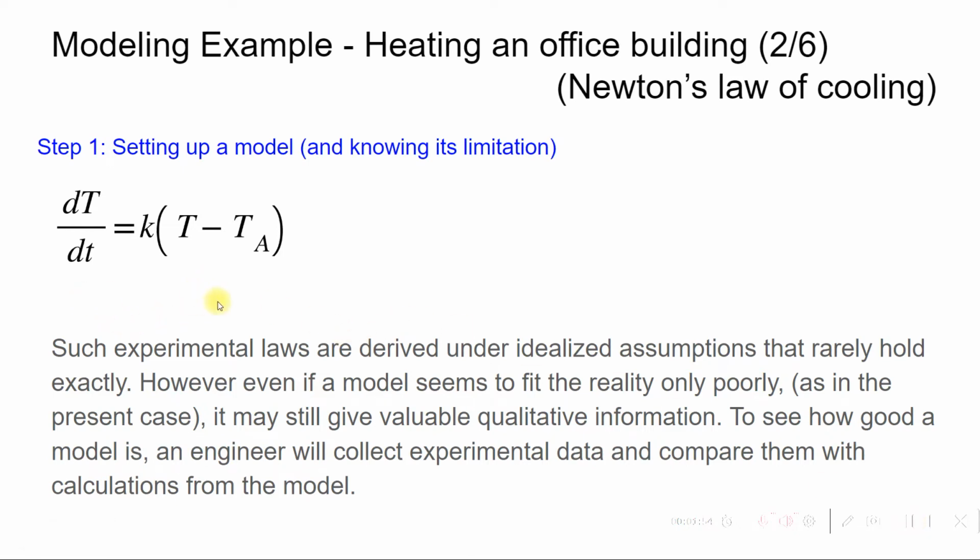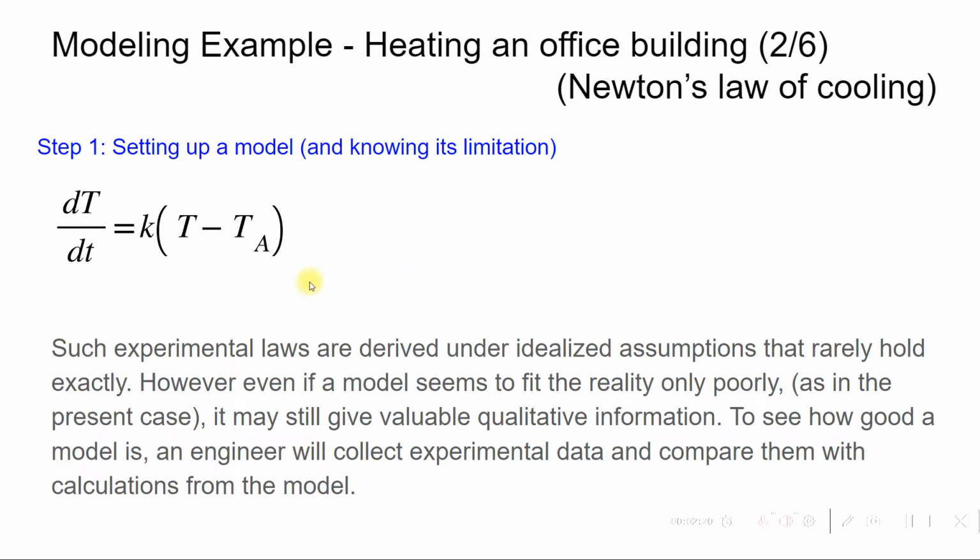But here, the textbook tells us that this mathematical model doesn't necessarily fit reality all the time, because this kind of law is derived under assumptions that rarely hold exactly.